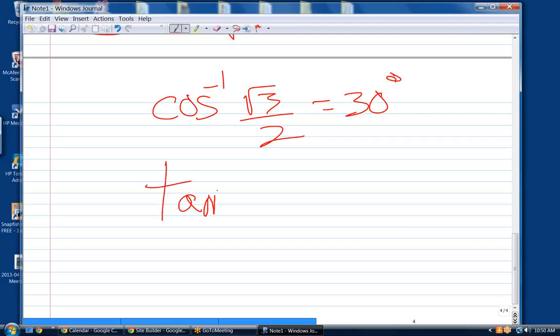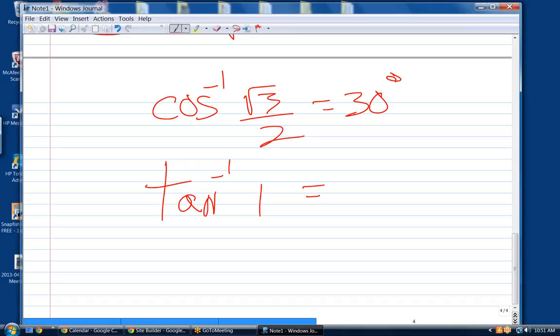What's the inverse tangent of 1 equal to? What angle has a tangent equal to 1? That's what you want to ask yourself. Where is the tangent equal to 1?